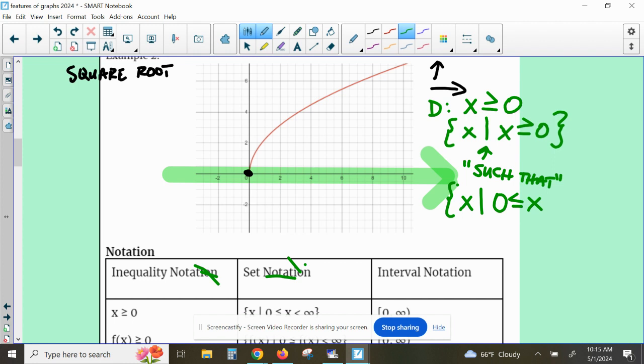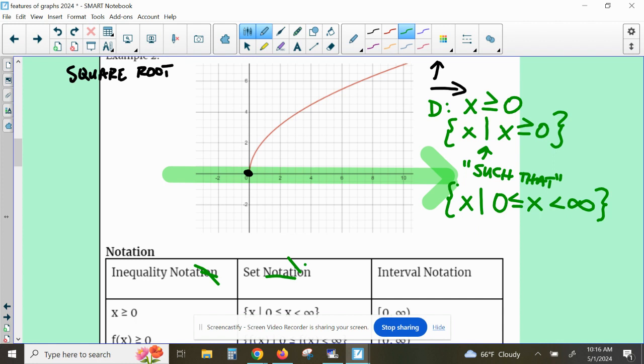Infinity. So we do less than infinity. And you can do plain infinity or positive infinity. Plain infinity and positive infinity mean the same thing, just like plain 7 and positive 7 mean the same thing. And then close your sets. All of these things mean the same thing.